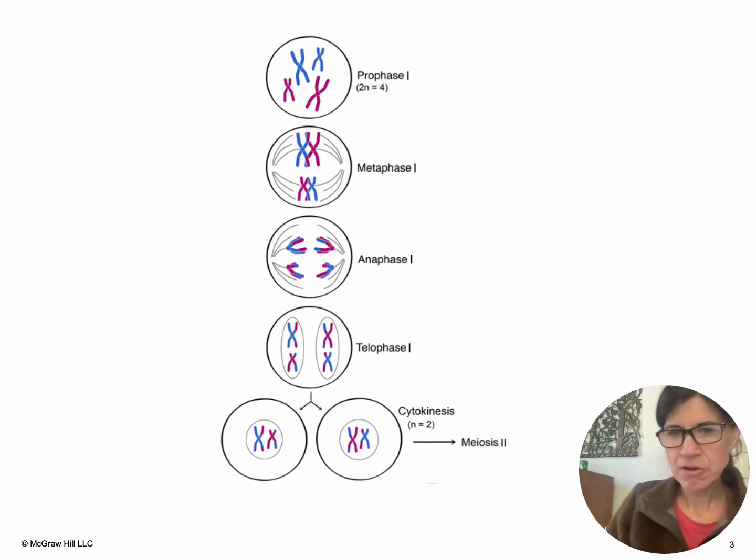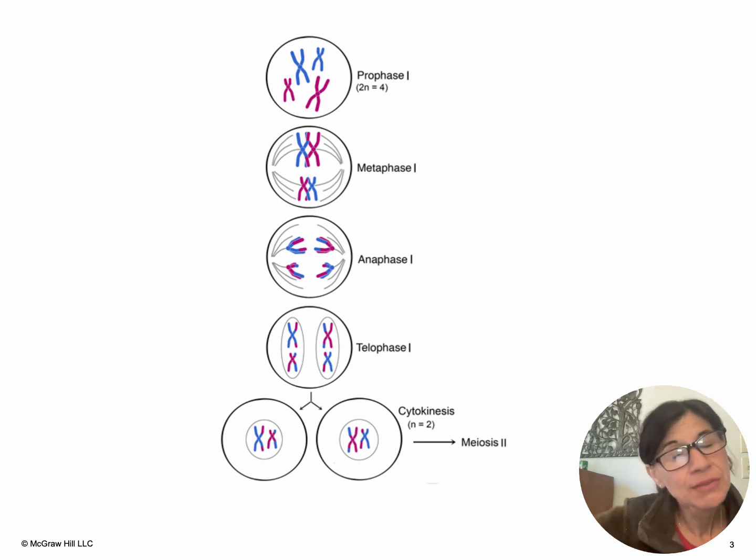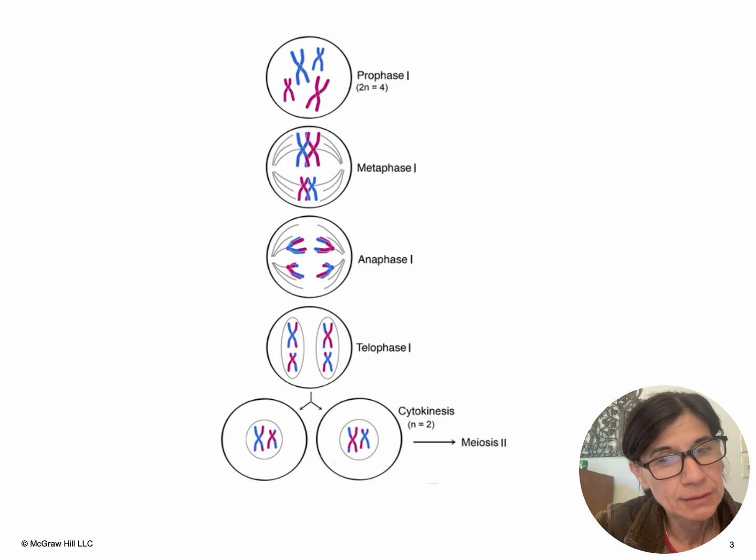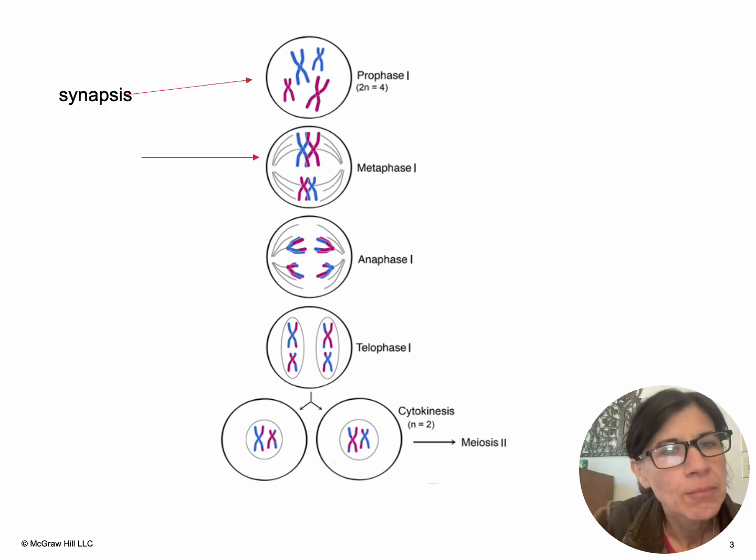Earlier I said metaphase, but in lab and in your textbook, they refer to it occurring in prophase. So synapsis occurs in prophase, the homologous pairs find each other. And if you look at this picture, it looks like the crossing over is actually happening in metaphase. That's why I'm bringing this up.